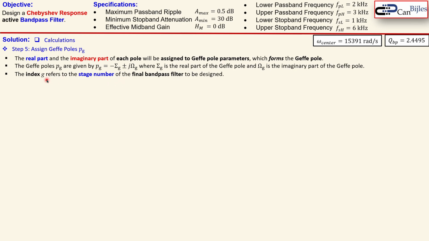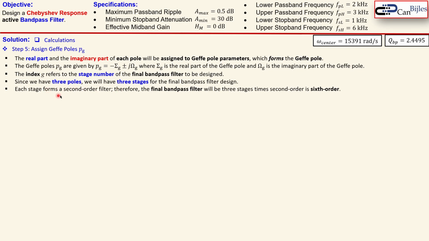If you have 3 stages, we will have P1, P2 and P3 for the Geffe poles. Since we have 3 poles, we have 3 stages for the final bandpass filter. Each stage forms a second order filter, therefore the final bandpass filter will be 3 stages times second order, a 6th order filter, so 3 times 2.